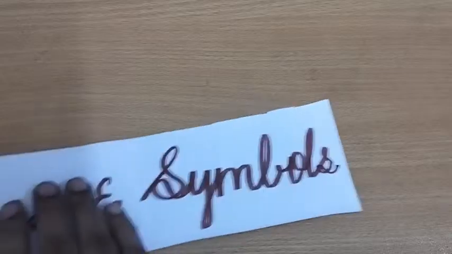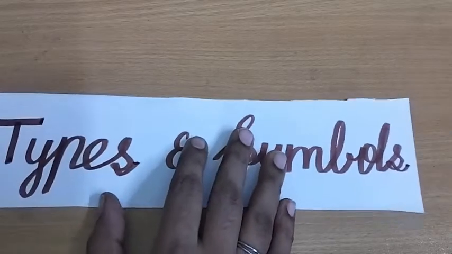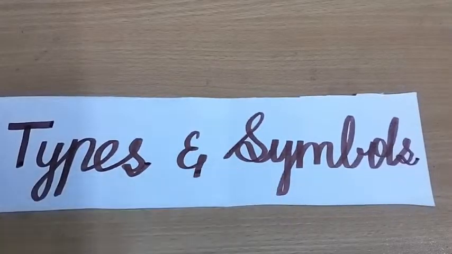Okay, so the next one is types and symbols. So you have many types of mandala, and the basic types are there. Based on the designs and patterns, you have many types.